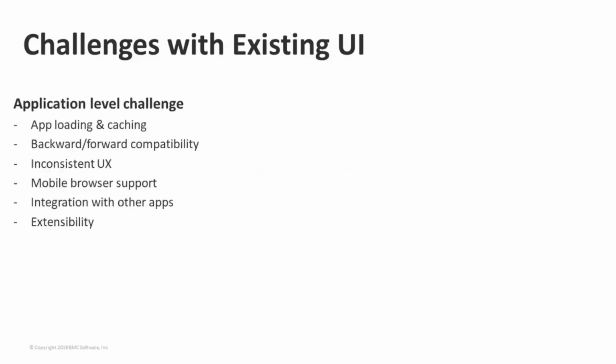The next set of challenges that we encountered is the application level challenges. What are the challenges we had with the application, especially when it comes to mobile? We used to cache the data for better performance when you access the requests the next time.